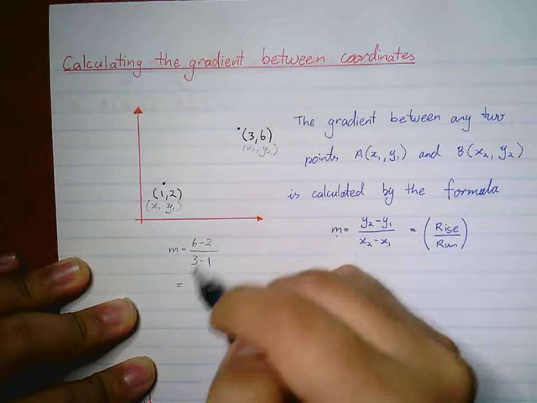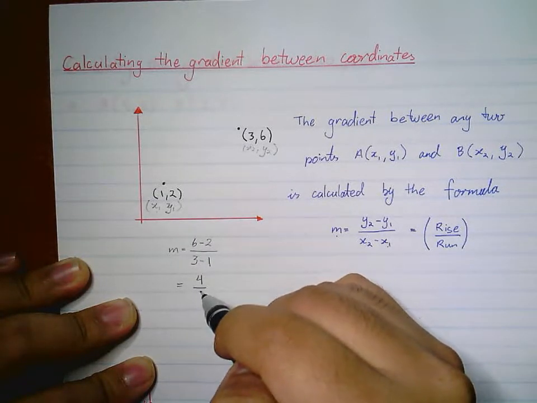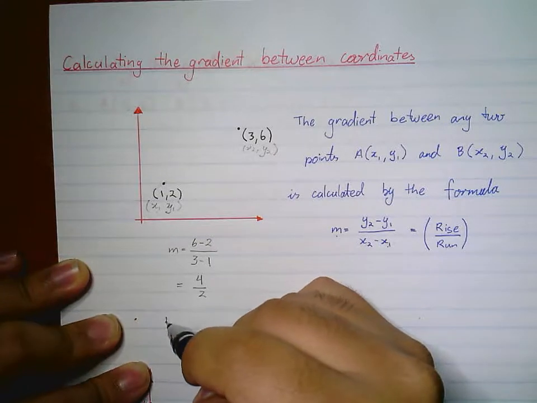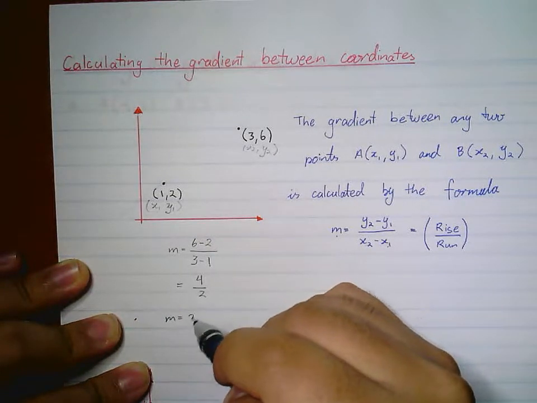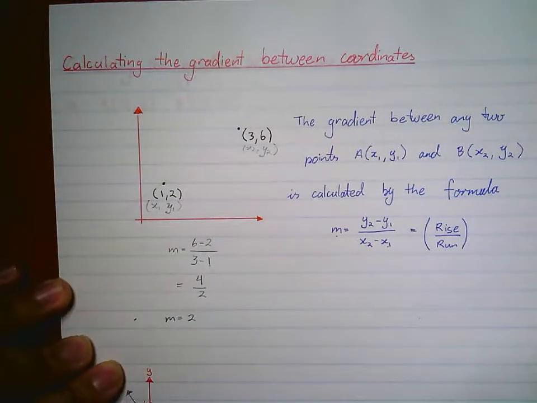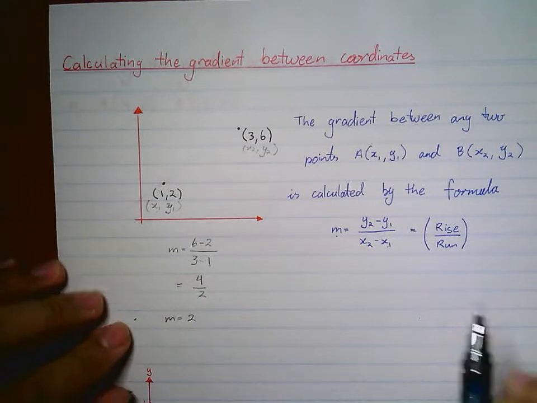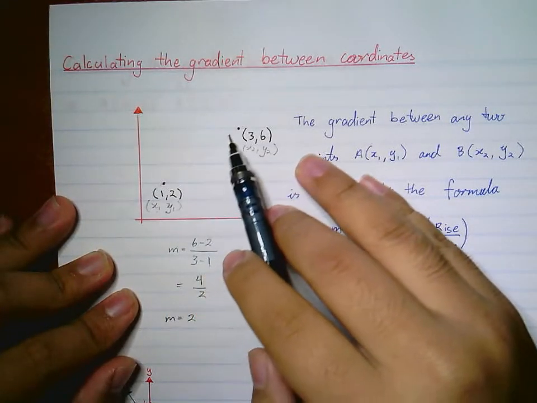So this gives us 4 over 2, and the gradient is equal to 2. Okay, so the gradient of this line is 2.